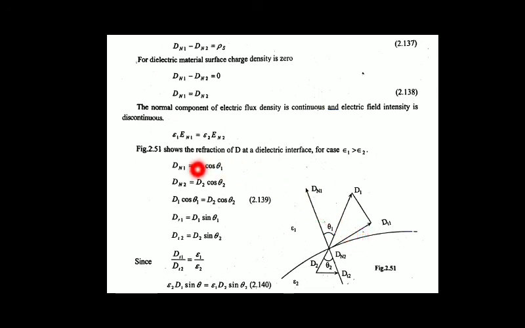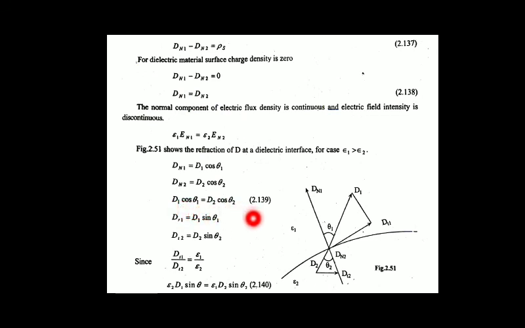So Dn1 equals D1 cos θ1, similarly Dn2 equals D2 cos θ2. From the equation Dn1 equals Dn2, we put both equations: D1 cos θ1 equals D2 cos θ2.